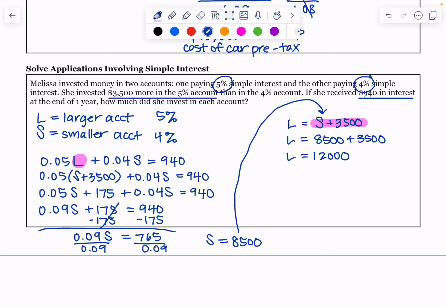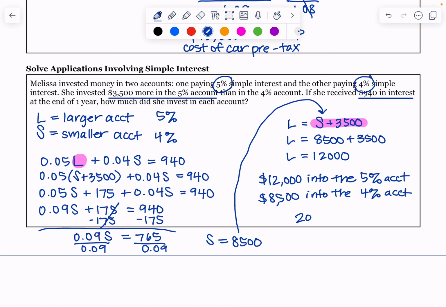She invested $12,000 into the 5% account, and she invested $8,500 into the 4% account. And it didn't really ask, but total, this would be $20,500 invested total.